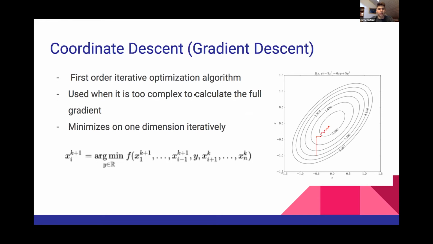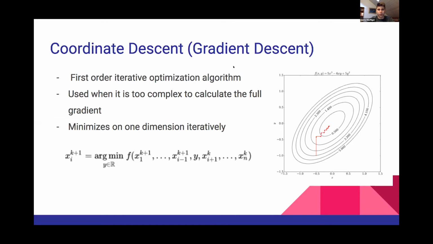So what we do instead is we iterate over all the different dimensions of the function, so n dimensions, and we calculate the partial derivative on that dimension. Here we're assuming gradient descent, so this can be done with different methods, as we'll see later.